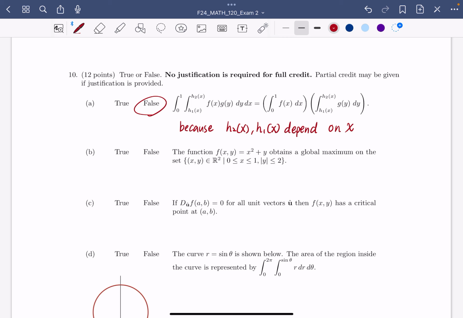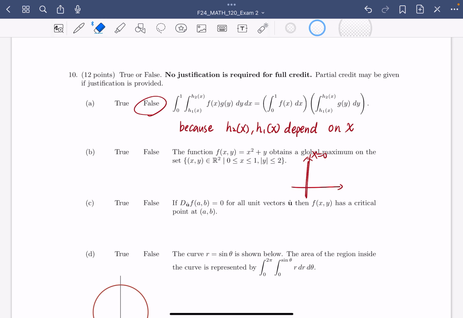And part B. Again, we have a function. Does it attain a global maximum on this set? So let's look at this set. If it's closed and bounded, then we know it must attain a global maximum on this set. So x equals 0 and x equals 1.